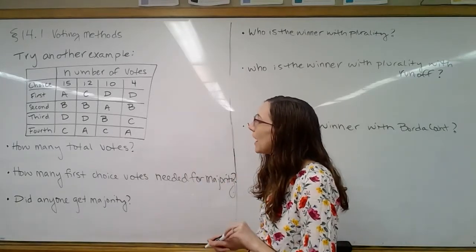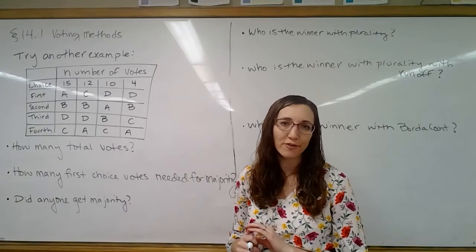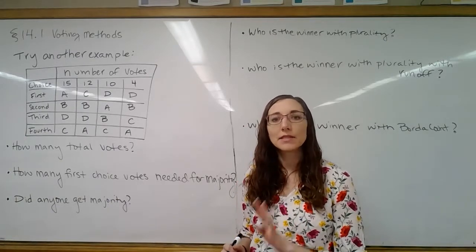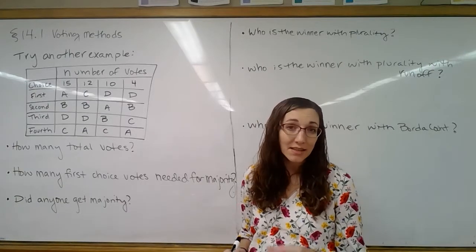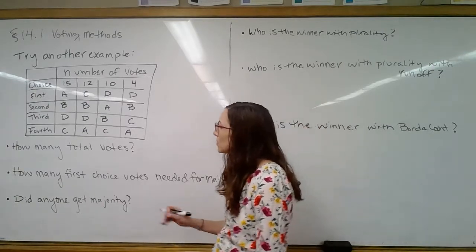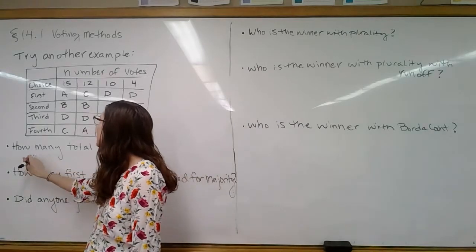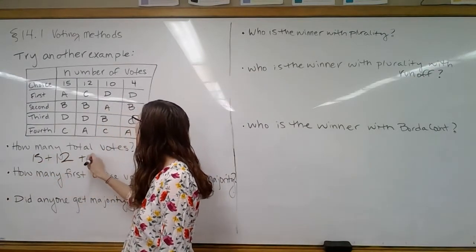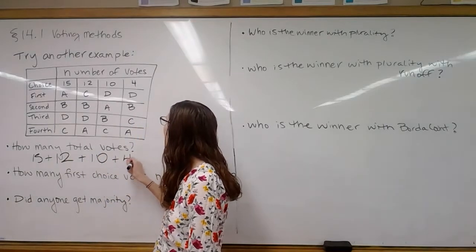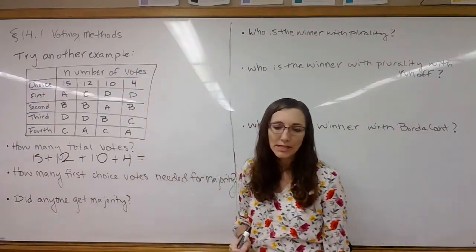The first question is, how many total votes are there in this preference table? As we remember, the top of each column is the total number of people who had that as their particular preference ballot. So if we add those up, 15 plus 12 plus 10 and 4 gives us our total number of voters.